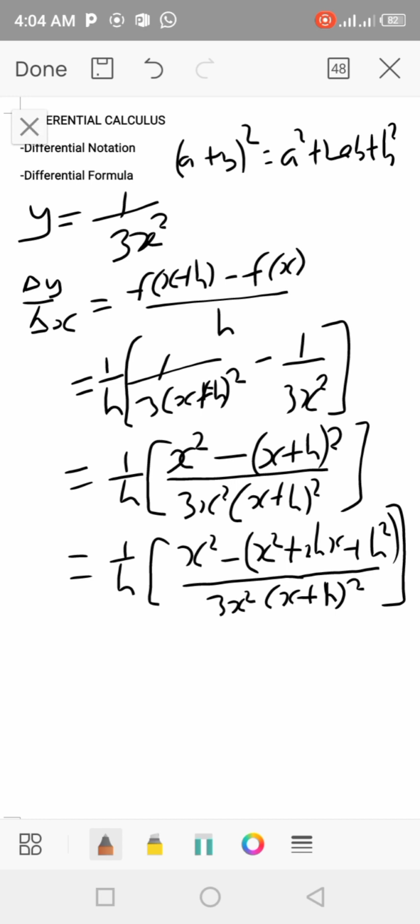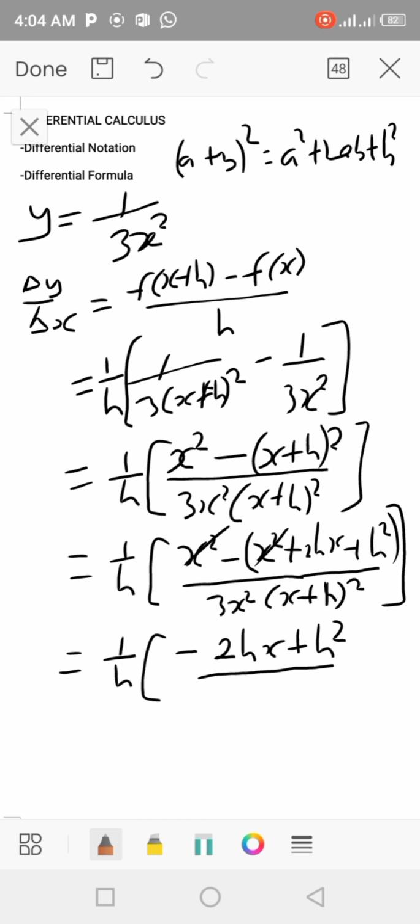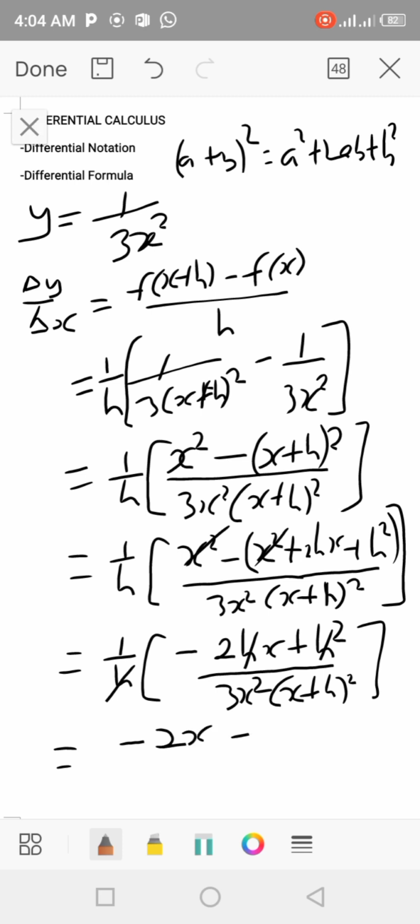X plus h squared, and this is going to be equal to, so this cancel this, we have 1 over h into minus 2hx plus h squared over 3x squared into x plus h squared, which is equal to, so h cancel h here, cancel h here, so we have minus 2x minus h.